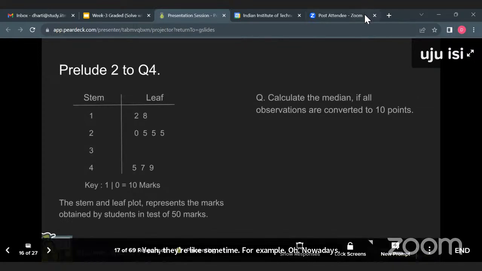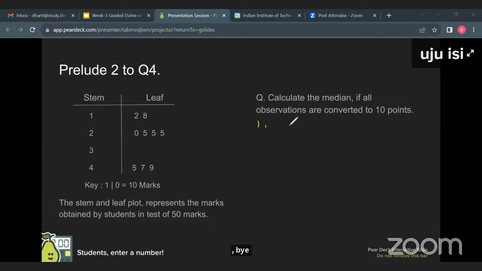For any exam, we get a grade. Generally the pointer system is 1, 2, 3, and so on till 10. But the exam is not for 10 marks, right? We conduct the test for 100 marks or 150 marks or 200 marks or like that.